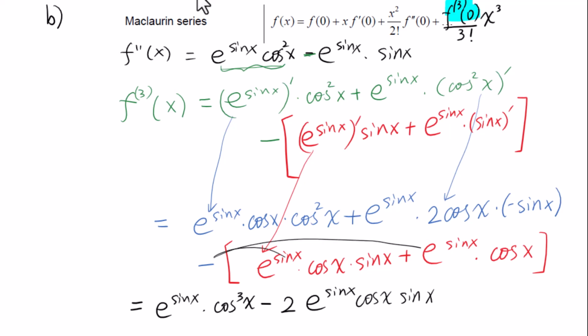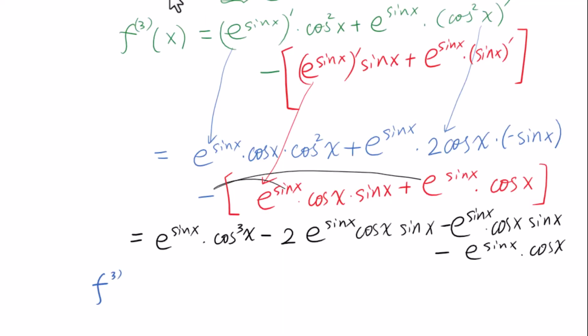Distributive property: minus e to the sin x power times cosine x times sin x minus e to the sin x power times cosine x.